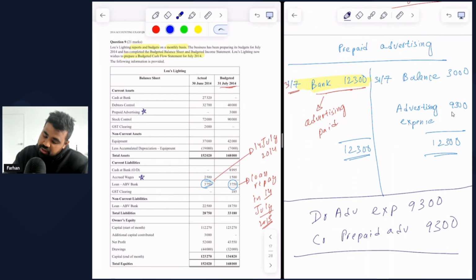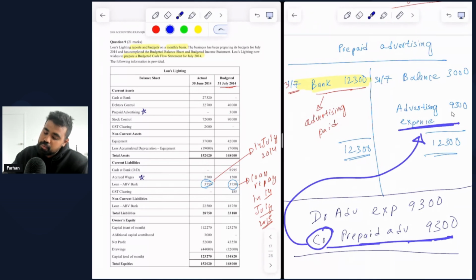So that is why, as you can see here, prepaid advertising is credited, because we have consumed the benefit that comes with the prepaid advertising, and therefore it has been classified as an expense. So on the credit side of the prepaid advertising account, we have included advertising expense to reflect that reduction. The reason this is on the credit side is because when assets go down, which is the prepaid advertising, we credit them. That is why we are doing this.